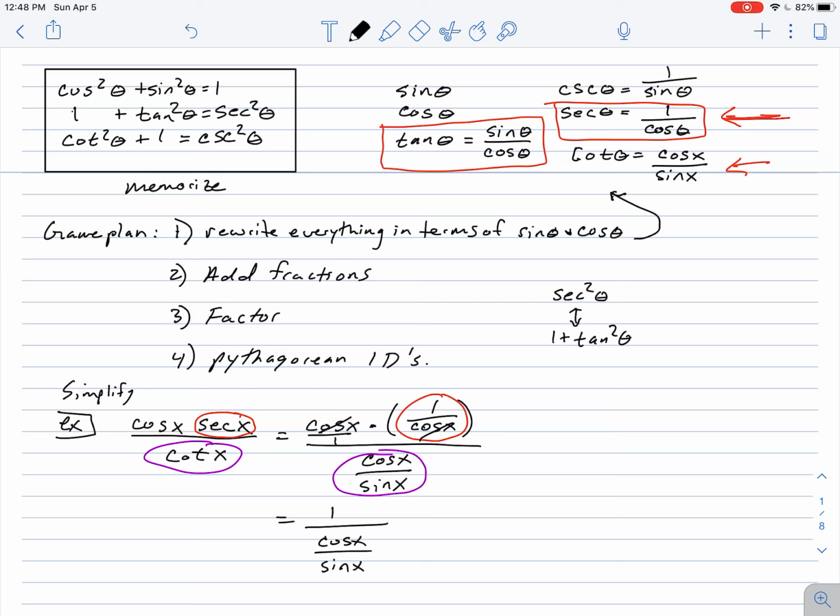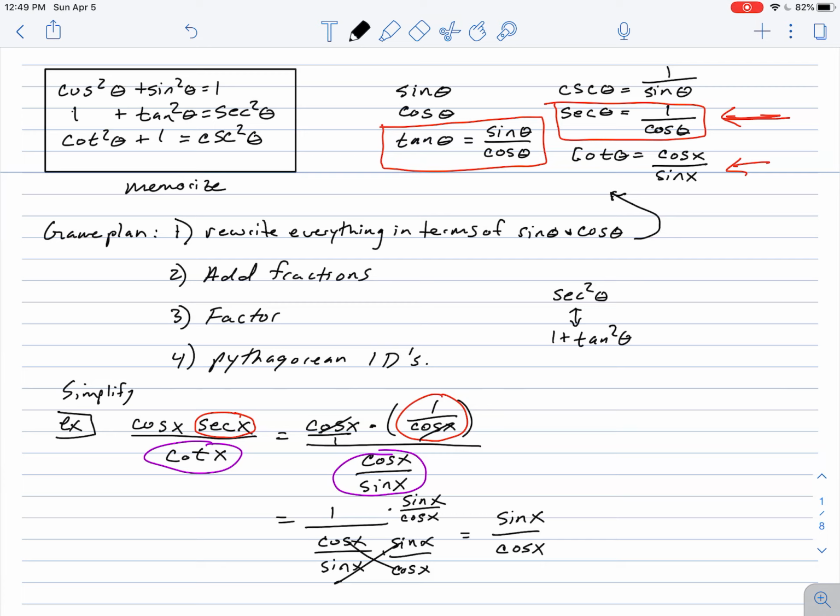Oh my gosh, we've got a fraction on top of a fraction. That is also never going to go away. So what do you do? Hopefully you know by now. You take the denominator, you flip it over, and you multiply on the top and the bottom. So these cancel out, and I'm left with sine x over cosine x.